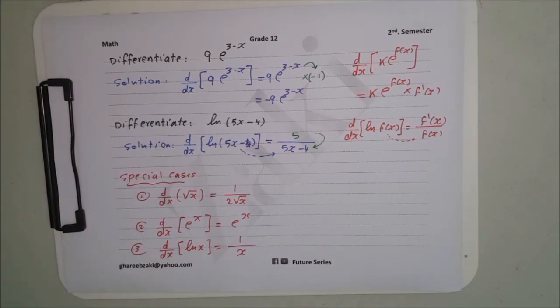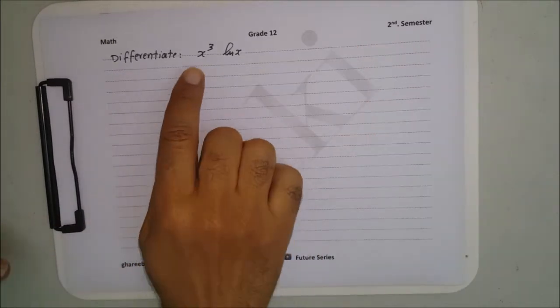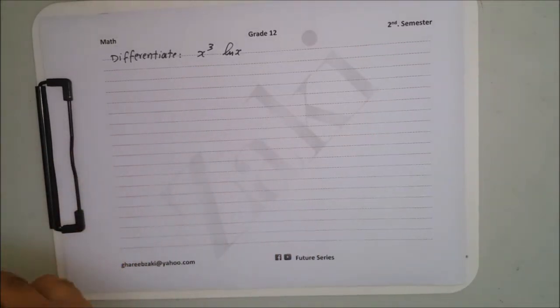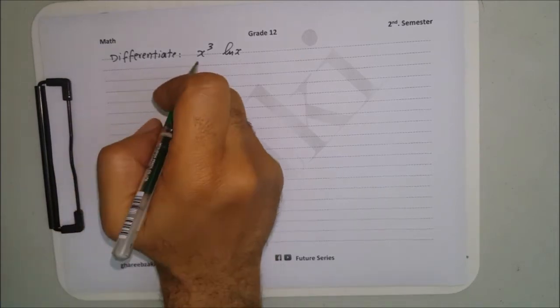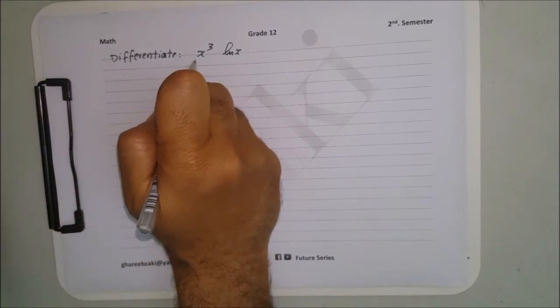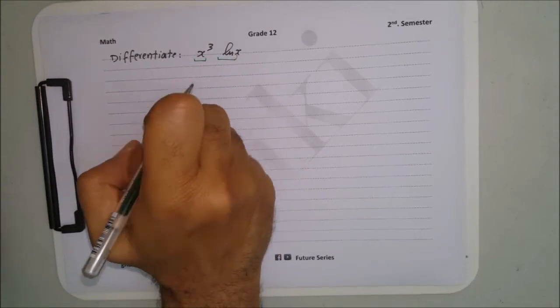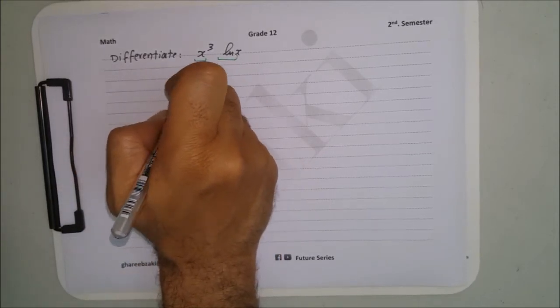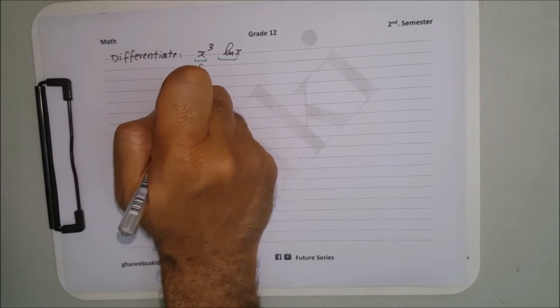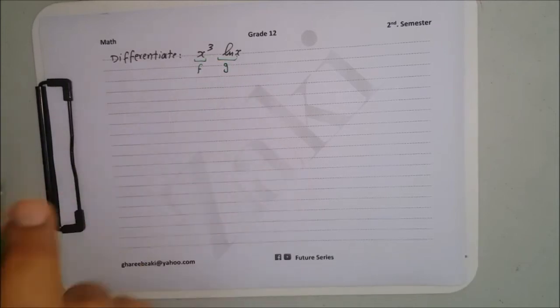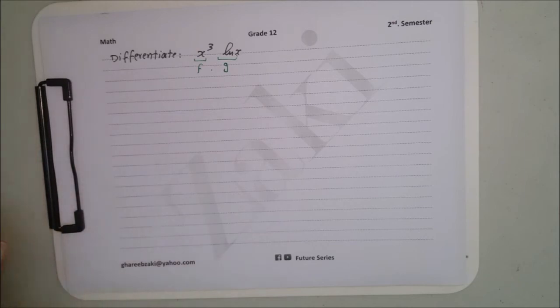Now we need to take an example about the fourth rule. This example is about differentiating x cubed ln x. This is a product, x cubed multiplied by ln x. So we can say this is the function f and this is the function g, and this is the product of two functions.